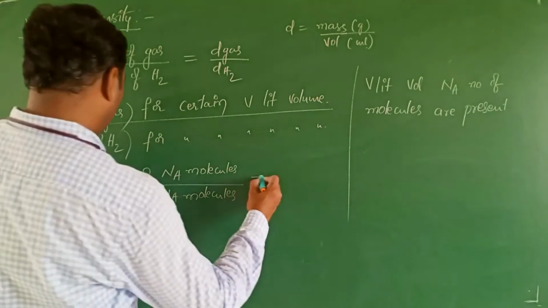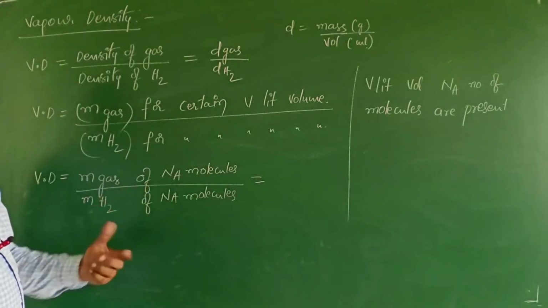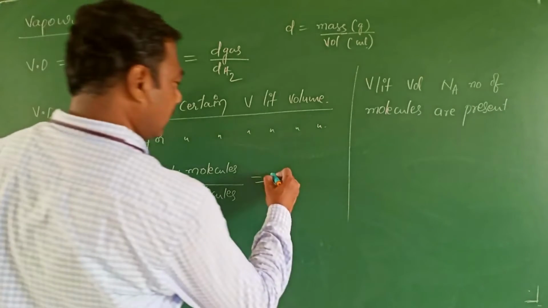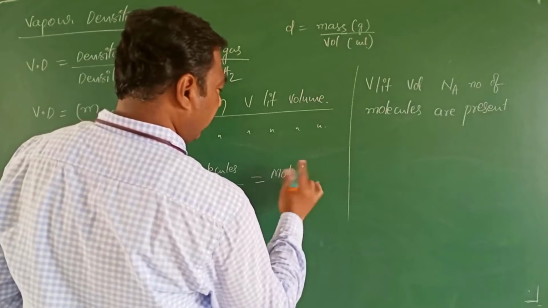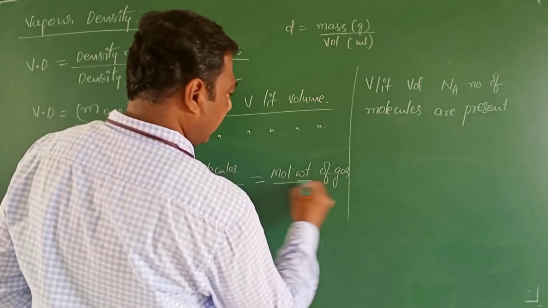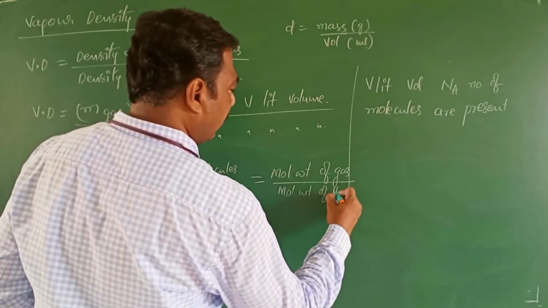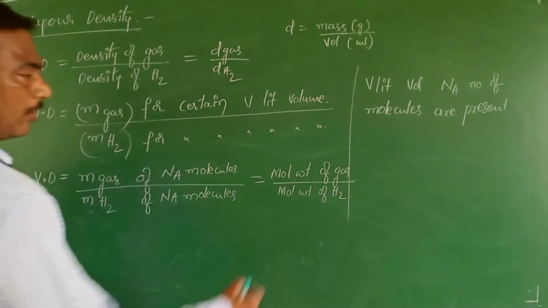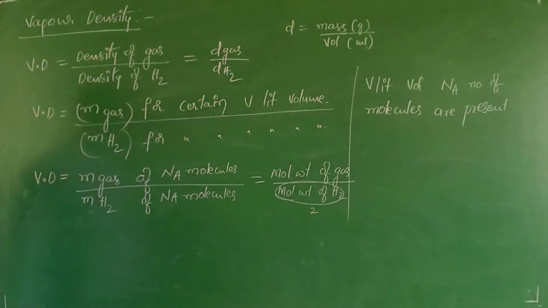Therefore, the mass of Avogadro number of molecules, we generally write as molecular mass. That means it is the molecular weight of gas by the molecular weight of hydrogen. What is the molecular weight of hydrogen? We know that it is equal to 2.